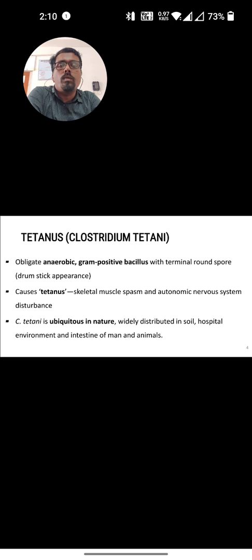So the bacteria will be seen with a drumstick appearance when you are observing under the microscope. The terminology tetanus indicates skeletal muscle spasm and involvement of autonomic nervous system disturbances. These spores are ubiquitous in nature, widely distributed in the soil, hospital environment, and intestine of man and animals. So that is the source of infection for this bacteria.